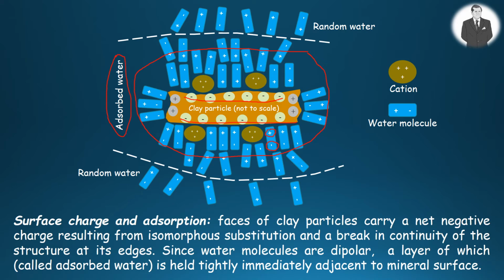The properties of adsorbed water are different from those of free water. For example, it is more viscous than free water. As the distance increases from the clay surface, the attraction force between clay particle and water molecule decreases.